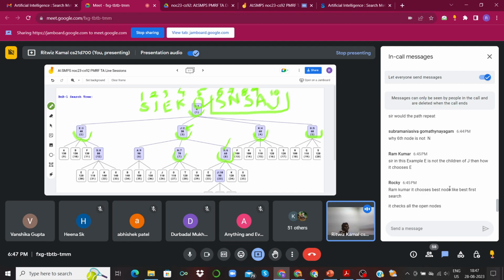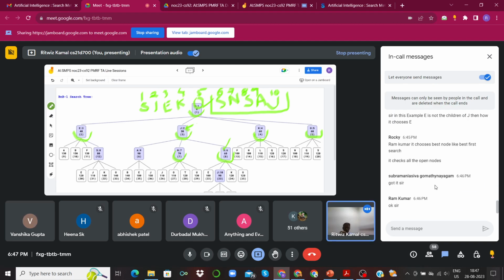We are exploring all options from the previous nodes that we refined and chose not to explore the children of, and also the children of the node we are currently refining. So as one of you mentioned, it checks all the open nodes.